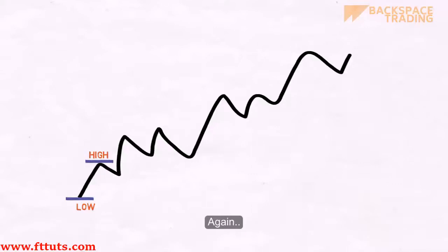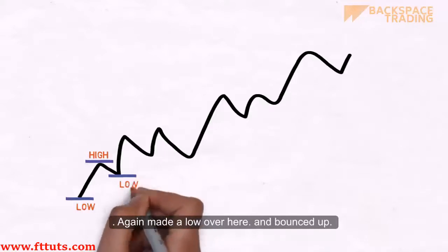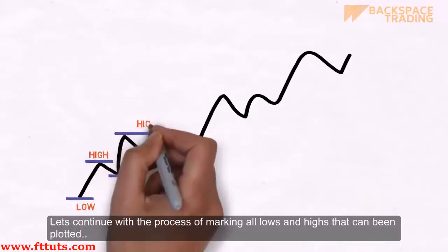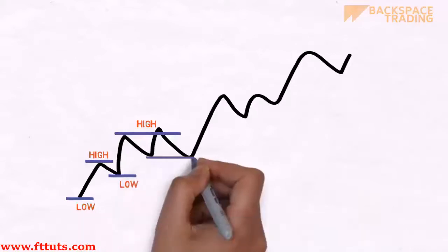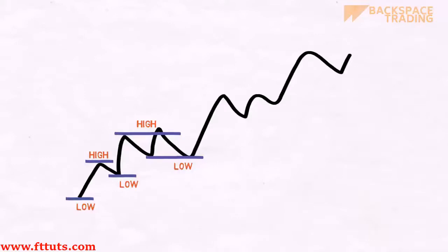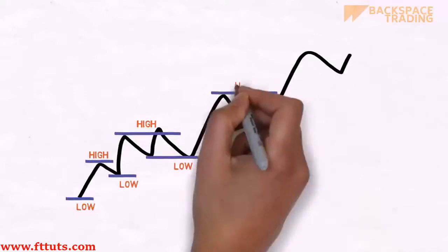Again, a low is made over here and bounced up. Let's continue with the process of marking all the lows and highs that can be plotted on this price wave. Now that's a low. We have a high on top over there.